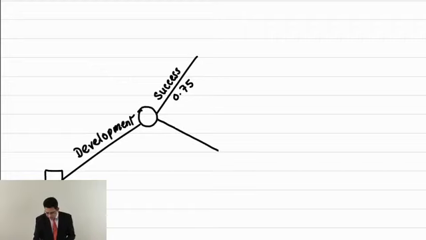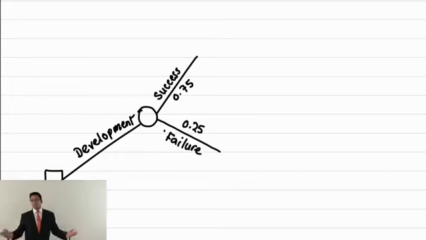And at the same time, 0.25 or 25% chances that it may not be successful. It may be failure. One of the two things may happen, okay?